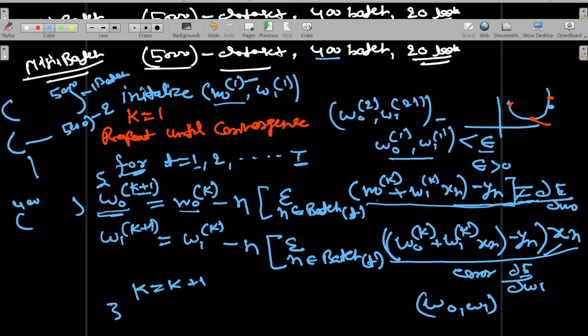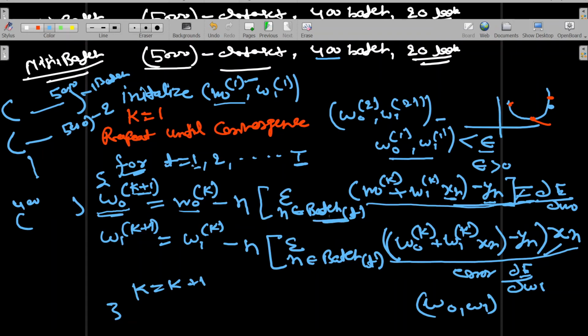Here we take the sum of squares of all the errors for this particular first batch. For the first batch, take the gradient of the sum of squares of errors. If you see here, xn is there, yn is there, and we are doing the summation for n belongs to batch t.